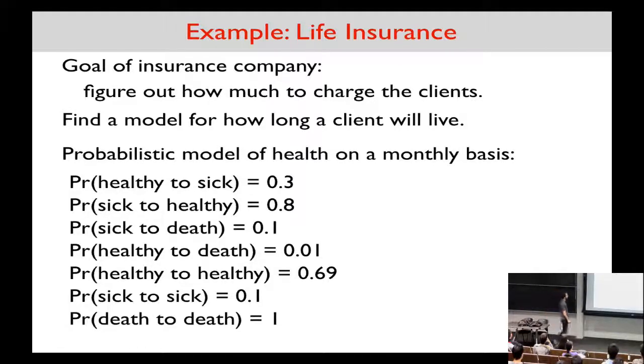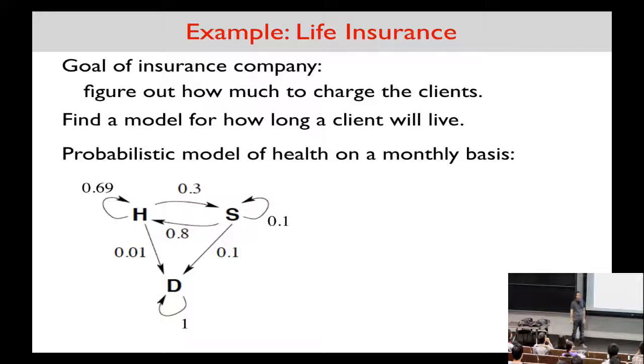You can have certain probabilities, like if you're healthy this year, you're going to become sick next year with maybe 30% probability. If you're sick this year, you're going to be healthy next year with 80% chance, and so on and so forth. Again, you can build an equivalent directed graph. If you're healthy, you stay healthy next year with 69%. You die with 1% chance. If you're dead, hopefully you stay dead.